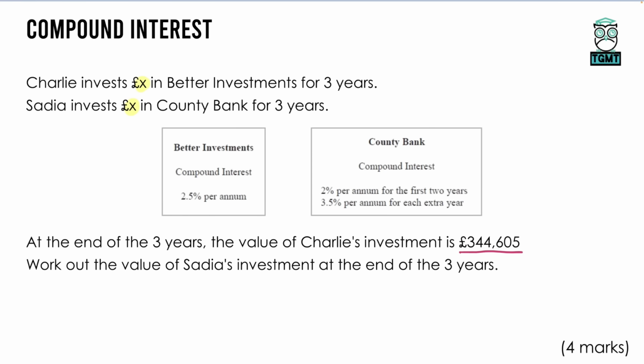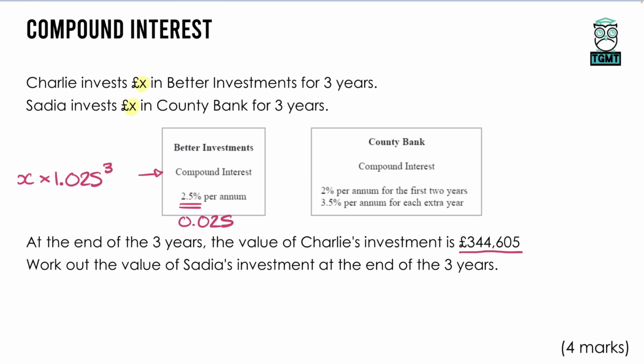Now this is some reverse compound interest, so we need to reverse this process. So we need to know exactly what calculation we would have typed in for Charlie in Better Investments if we knew his starting amount. Well, we'll call his starting amount X, so we would take his starting amount, X, and we would have multiplied that by 1 point, and then whatever this is as a decimal, so 2.5% is 0.025, so 1.025, and he's invested that for 3 years.